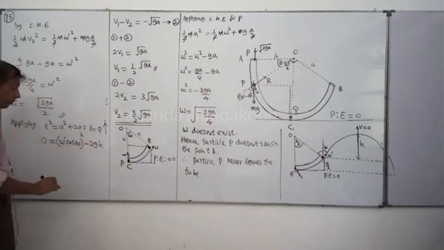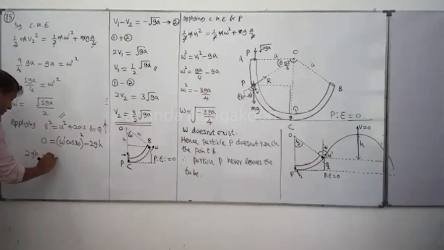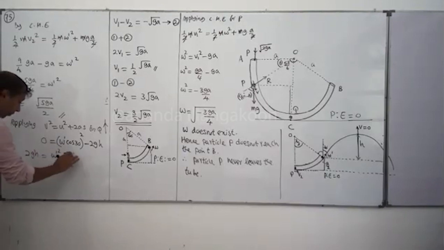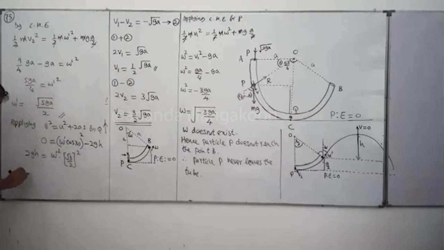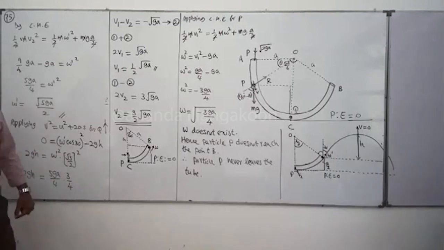I take that as h, take this side. W dash squared cos 30, meaning root 3 by 2 squared. 2gh is equal to W dash squared, where the root will eliminate, 5Ga by 4, times 3 by 4.